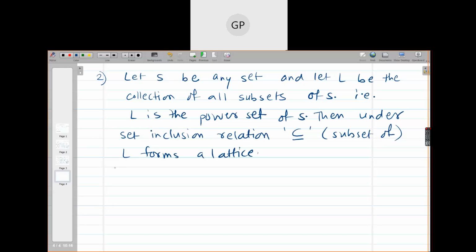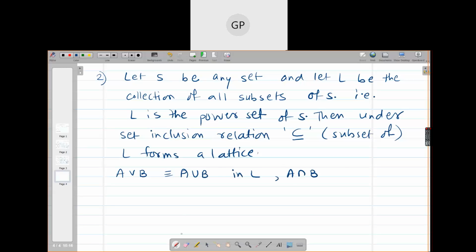So we know that A join B is A union B in L, and A meet B is A intersection B in L. We define join and meet as union and intersection.